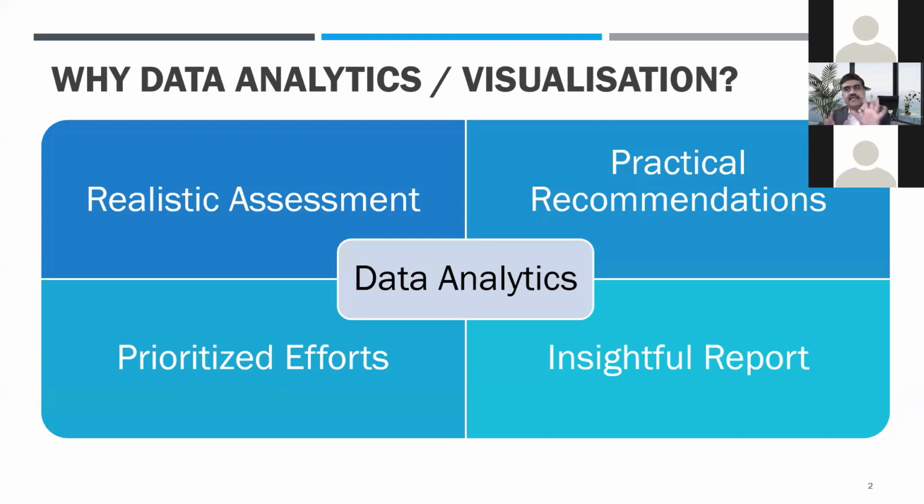Based on that, you see which areas you should focus on more, which are material enough that you need to put more effort on them. So that prioritization of effort is also helped by data analytics.